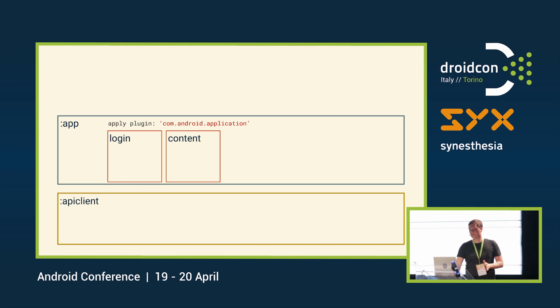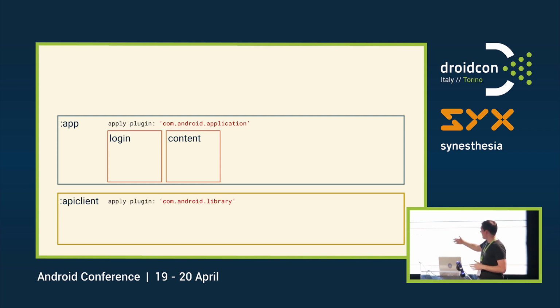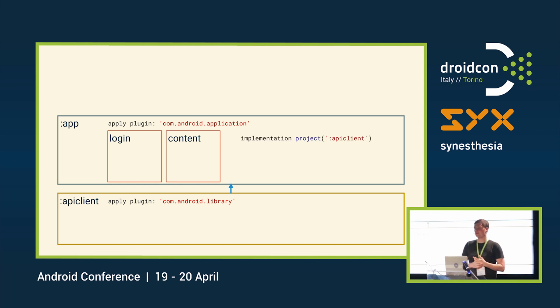And then, of course, make it an Android library, apply the Android library plugin, and your application will have an implementation dependency on this library that you've just created. Also, while moving the code, this is a great chance to revisit the API of this library that you're creating and really think, does this API make sense?